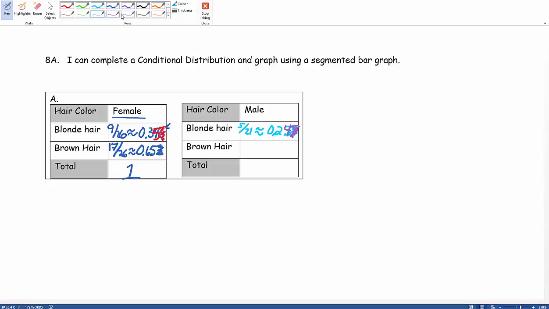Now looking at the brown-haired males, if we were to randomly pull out a brown-haired male, the condition that you are a male would be 16 out of 21, because we had 16 brown-haired males out of the 21 total males. This would give us a probability of 0.761.